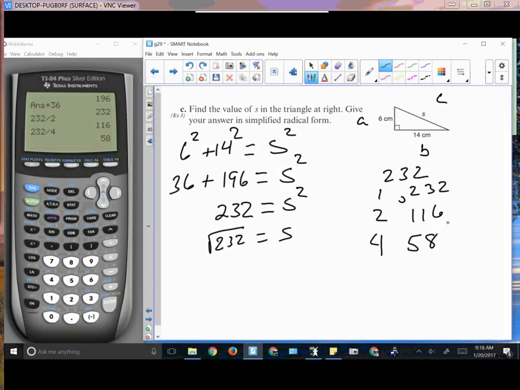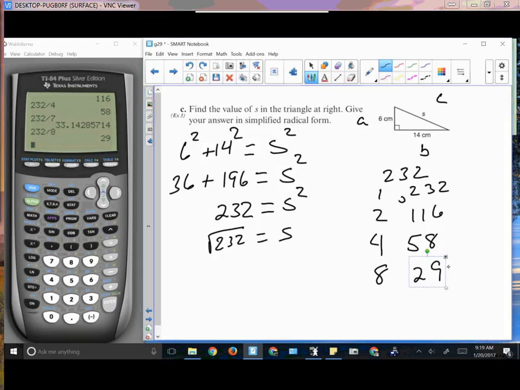Is it divisible by 7? No idea. 232 divided by 7. And I end up with something that looks like that. So, nope. Is it divisible by 8? Yep. Because I've got this going on here, and that's even in 4, so I know 8 goes into it. So 232 divided by 8, and I end up with 29.